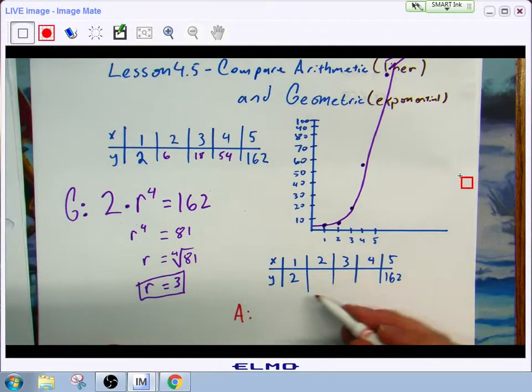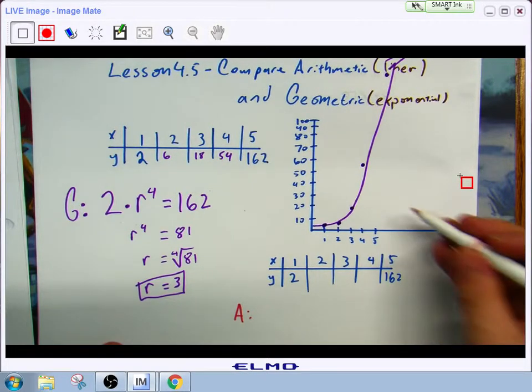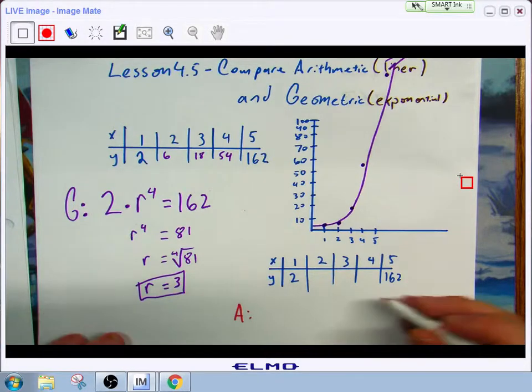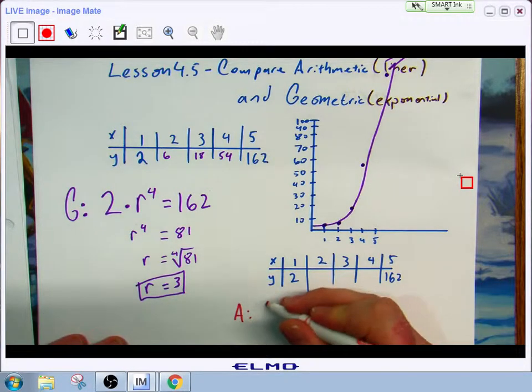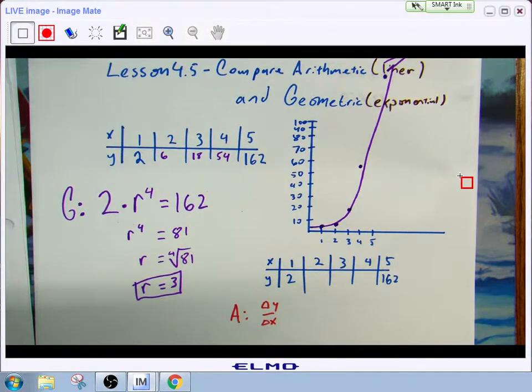This time what's happening is I'm adding by a certain amount. Right? This time instead of multiplying, I'm adding. But one of the easiest things about this is we can do this just as a slope formula, because I can do my change in y over my change in x and figure out my slope.